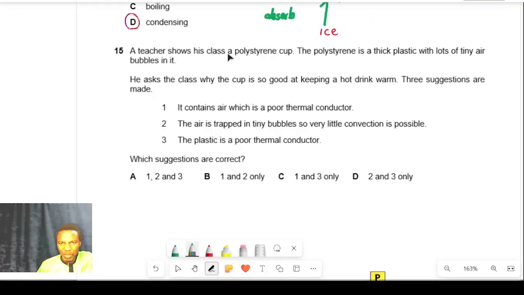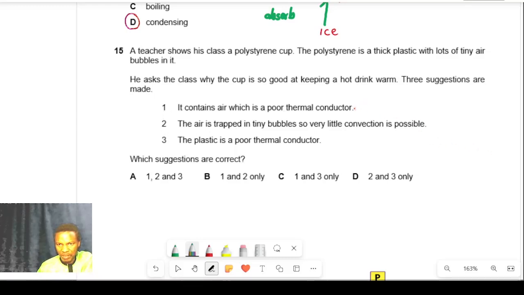The class is shown a polystyrene cup. The polystyrene is a thick plastic with a lot of tiny air bubbles in it. He asks the class why the cup is so good at keeping hot drinks warm. Three suggestions are made. The polystyrene contains air, which is a poor thermal conductor.